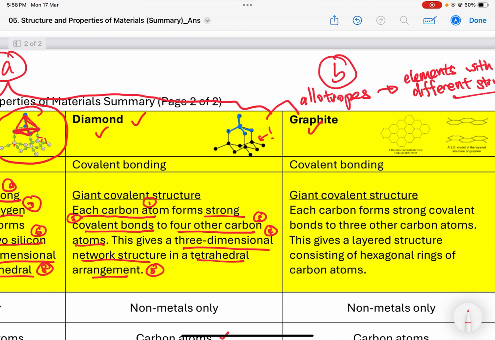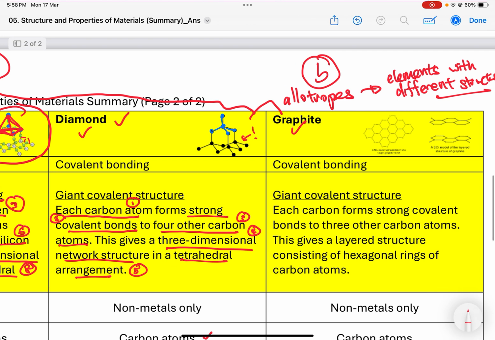Now, let's look at what's the difference in structure. For graphite here, once again, giant covalent structure. Same giant covalent. But look at the description here. Each carbon atom forms strong covalent bonds. Okay, so far same. Now take note. For diamond, it is 4 other carbon atoms. For graphite, it is to 3 other carbon atoms.